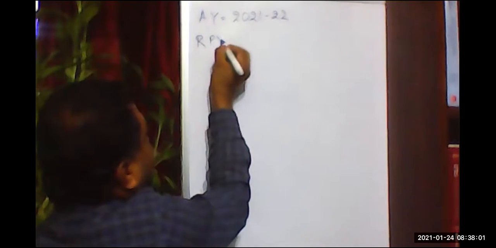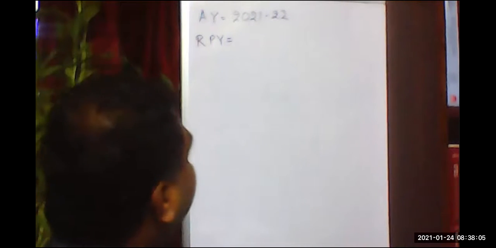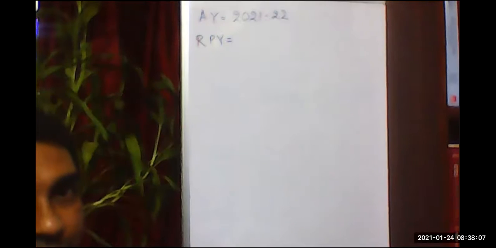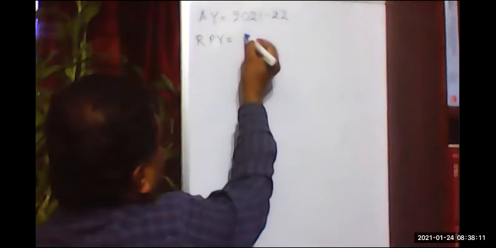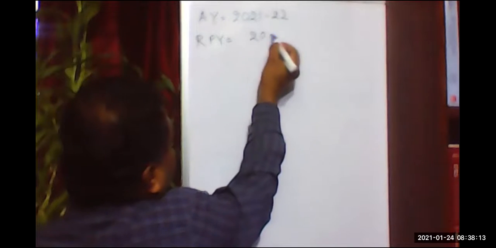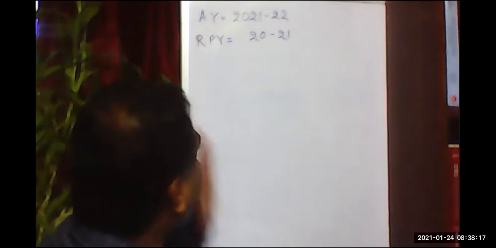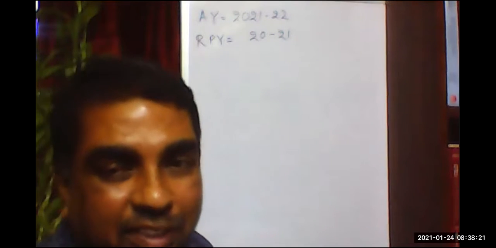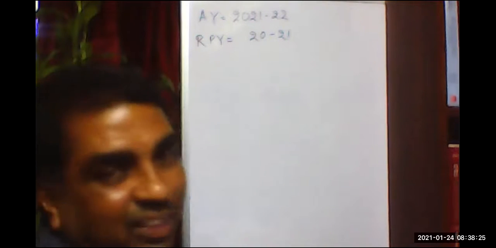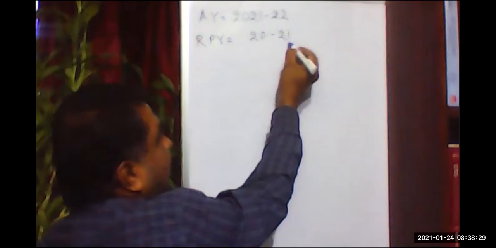What is the relevant previous year? 2021. And what this particular section says is 10 previous years preceding the relevant previous year. Now here you have to go for 10 previous years preceding the relevant previous year. Ignore this one. From here, 10.